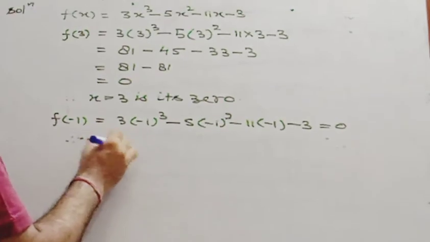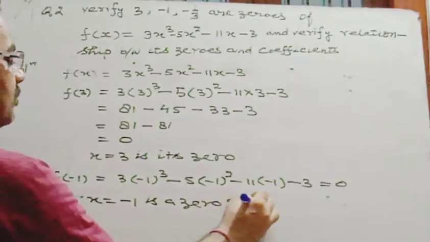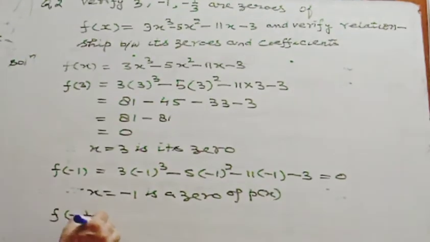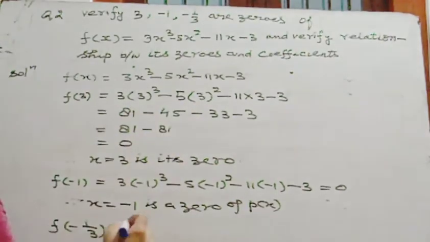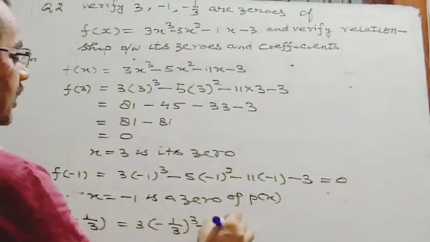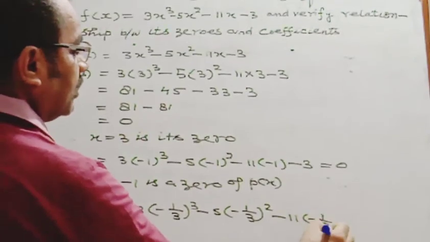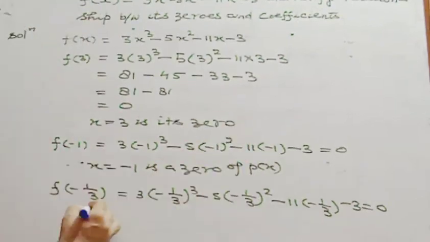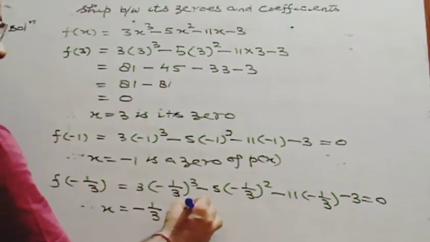Therefore x is equal to minus 1 is a zero of the given polynomial f(x). Also f(minus 1 by 3), taking the value of x as minus 1 by 3 in the polynomial: 3 into minus 1 by 3 whole cube minus 5 into minus 1 by 3 square minus 11 into minus 1 by 3 minus 3 is equal to, solving we get 0. Therefore x is equal to minus 1 by 3 is its zero.